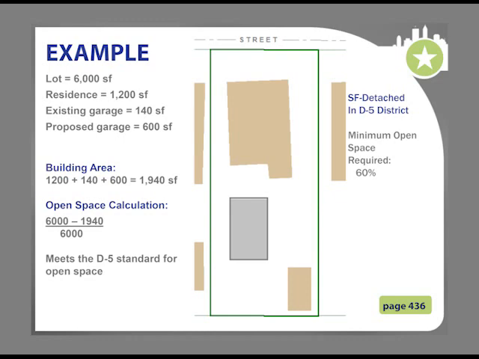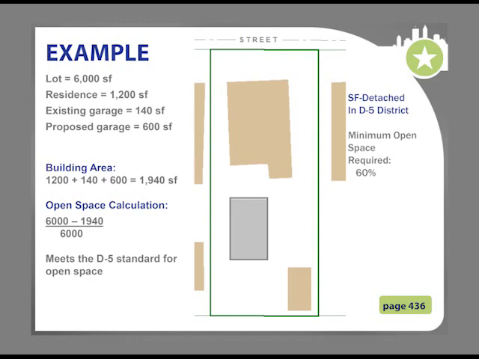Then divide that number by 6,000, multiply by 100, and the calculation shows that you have 70% open space on that lot. So you could construct that proposed additional garage.